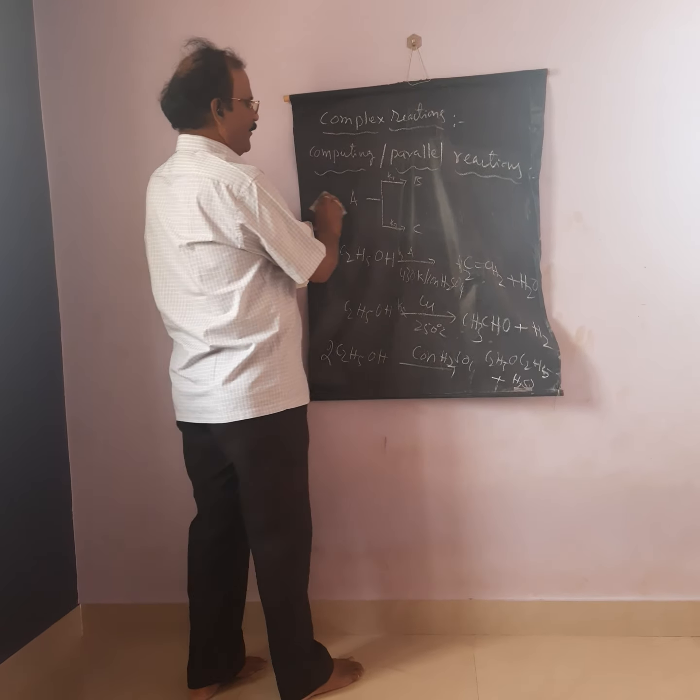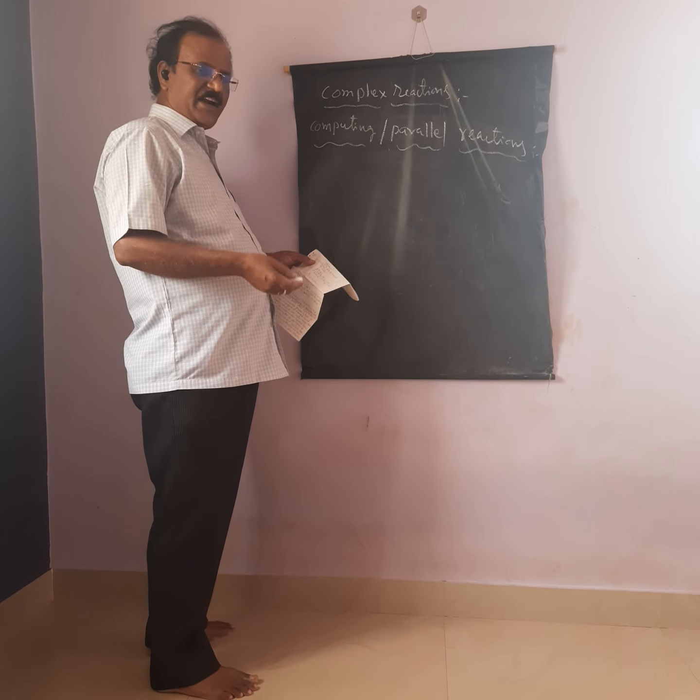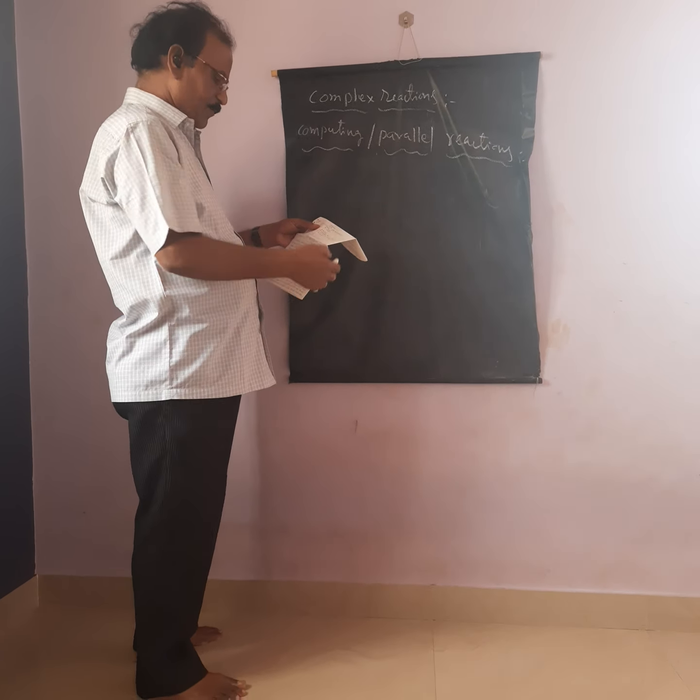The second example for this type is chlorination of toluene at different conditions giving different products.